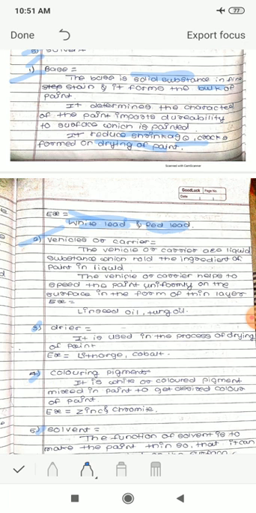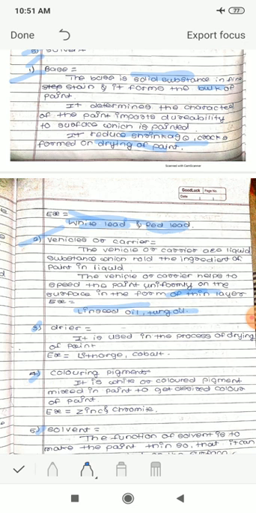The best example of this is linseed oil and tung oil. It makes the paint in the form of a thin layer.